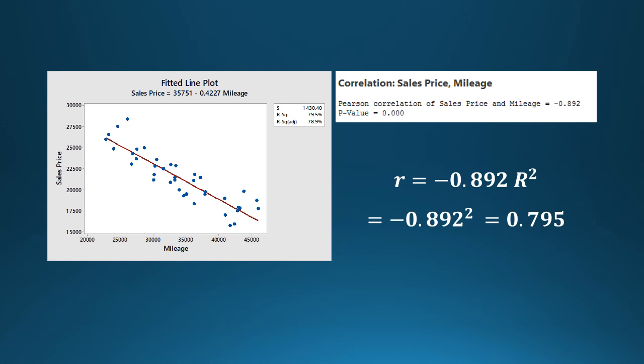The square of minus 0.892 is 0.795. This value means that the mileage explains 79.5% of the variation in the sales price.